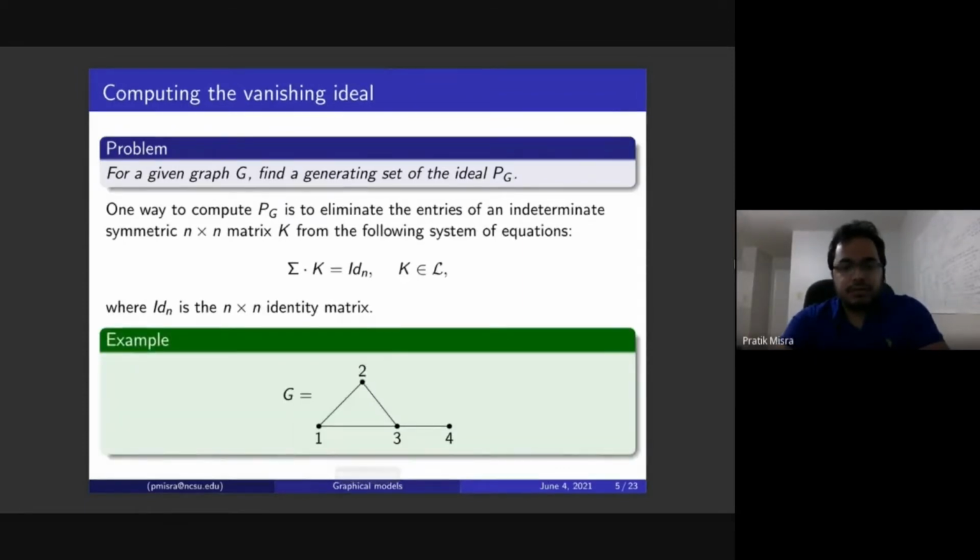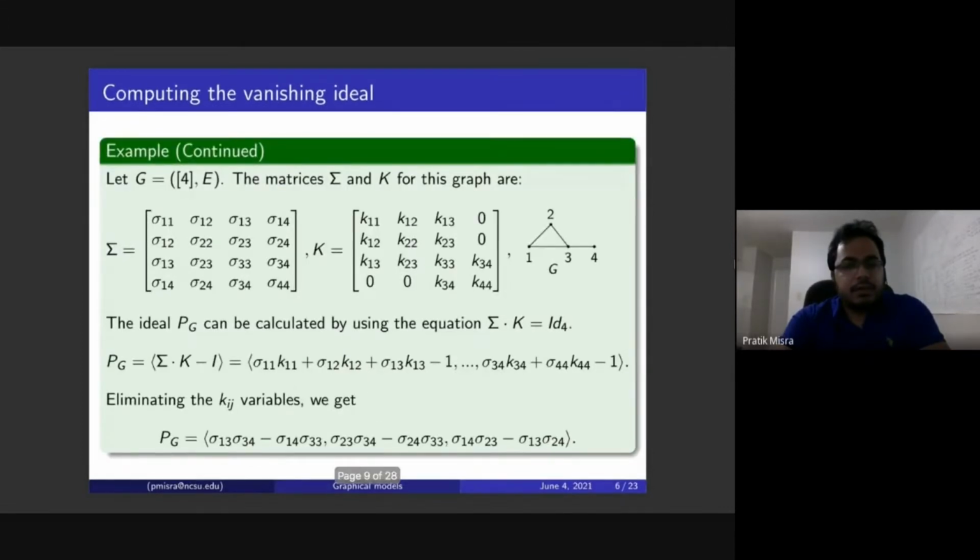Let's consider this graph with 4 vertices. Then the corresponding covariance matrix, which is sigma, would look something like this. That would have entries sigma 1 1, 1 2, 1 3, 1 4, and so on. But the concentration matrix K is obtained from the graph.